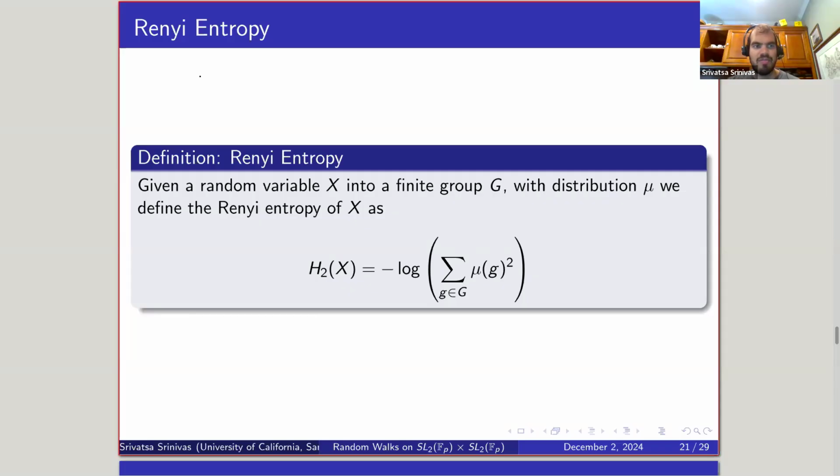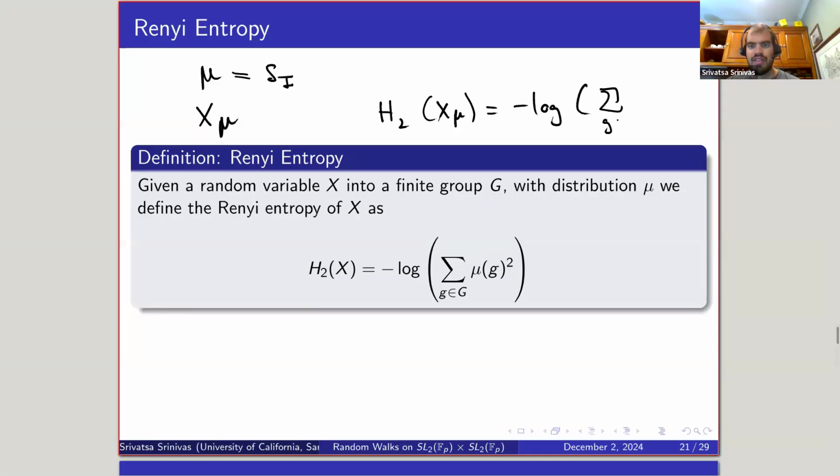If your probability distribution mu is just given by delta at the identity, and let's say X mu is the random variable that corresponds to this, then the Rényi entropy of X mu is going to be negative log of this guy squared, which is negative log of 1, which is 0.